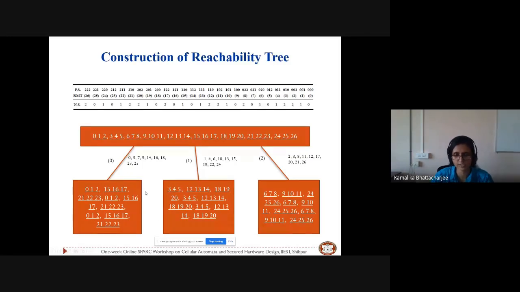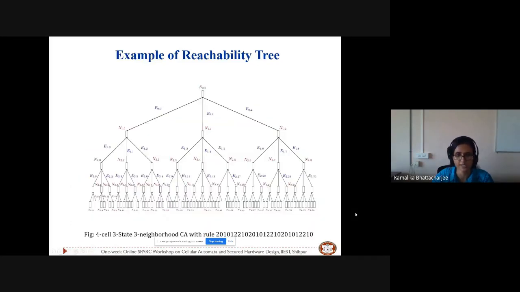In this way, you can continue developing the tree following the rule, and you will get a structure just like this. Here I have not mentioned the content of the tree, but the structure will be something like this. Now you can see there are some edges for which I have not mentioned any node. Why is this so? Because these edges don't contain any values.